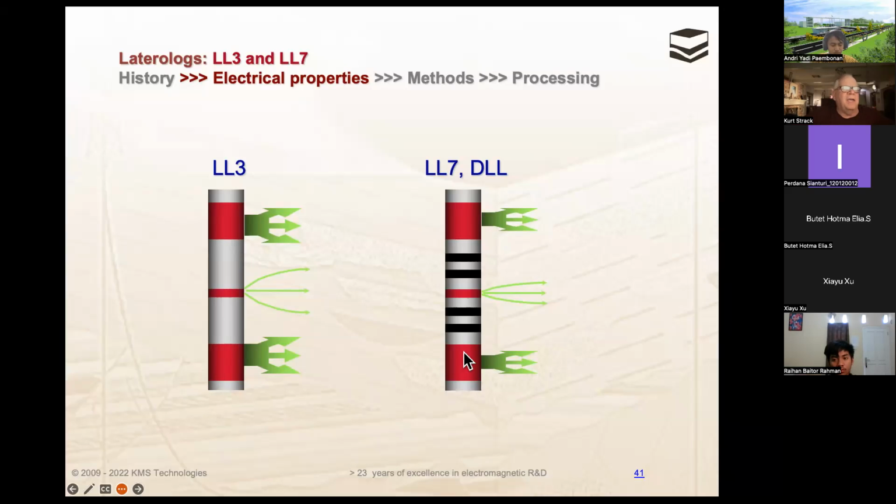So they inject a higher current until this voltage becomes 0, and you do the same for this side. And this way you are squeezing the current at the center electrode together. And then what you do is you measure the current at the center electrode and the voltage, and you get a measurement of resistance or an apparent resistivity.